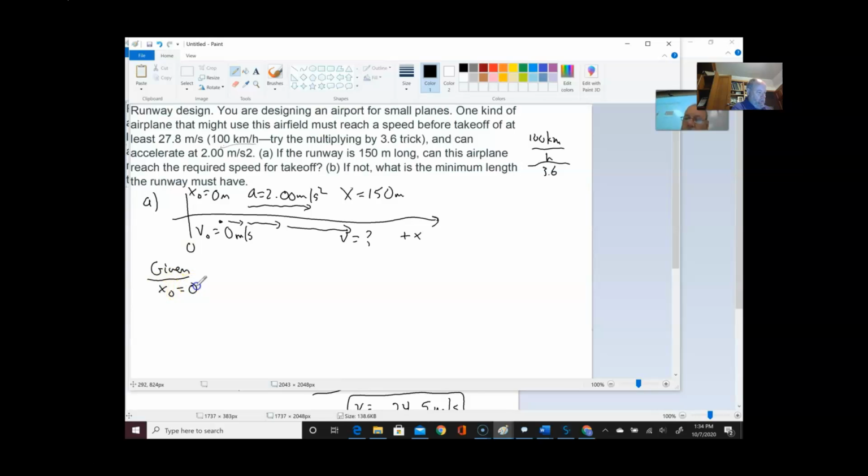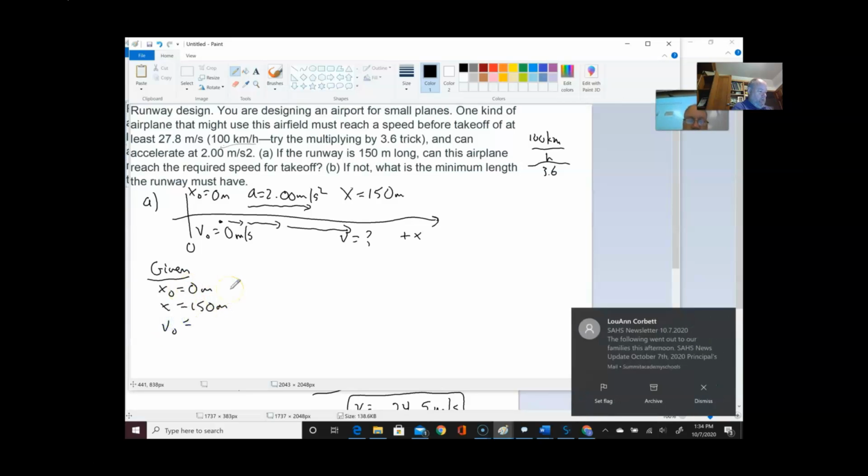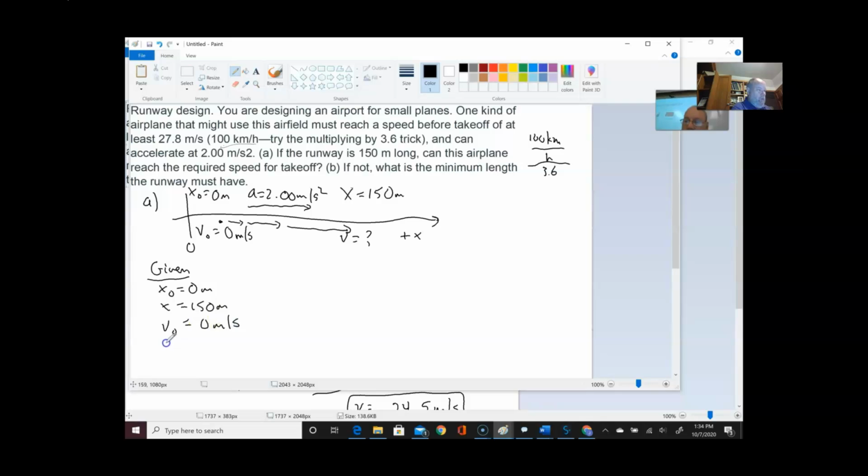So I can say x0 equals 0 meters, x equals 150 meters, v0 equals 0 meters per second, and I don't know what v is, that's what I need, so I'm going to put that in my need list, okay, and then my acceleration is going to equal 2.00 meters per second squared. I have not been given a time. So in saying I have not been given a time, I've already figured out what formula I have to use. And I'll show you why that is in just a second, but I haven't been given time.